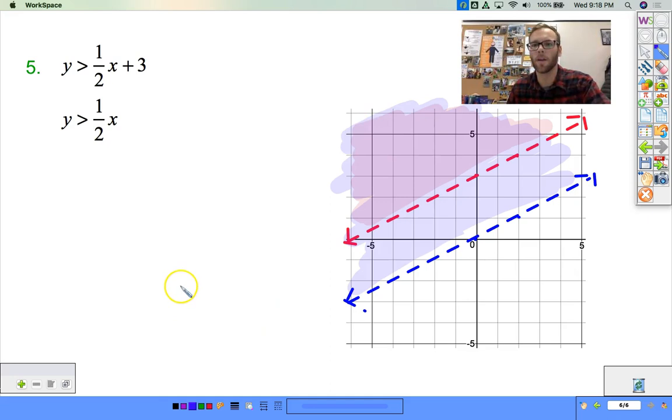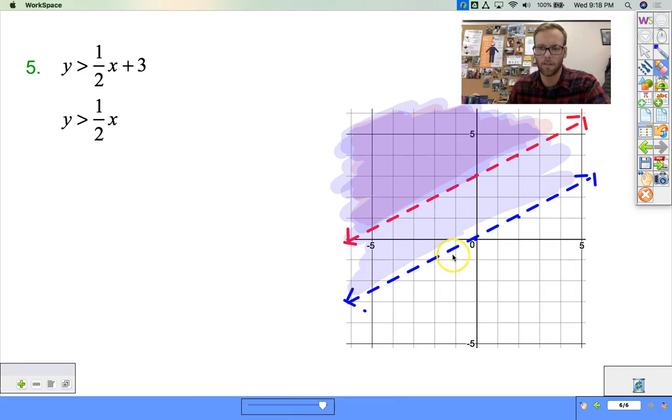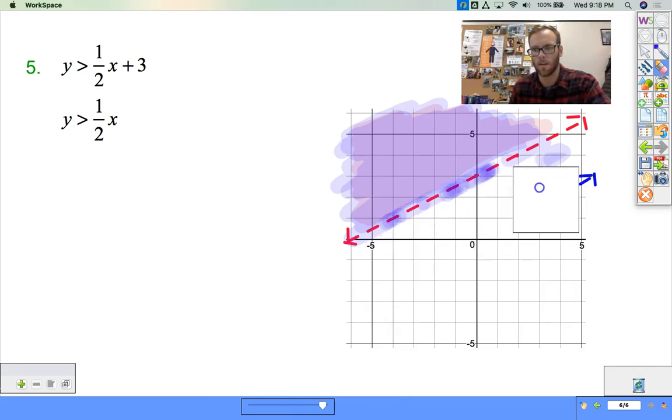That one colored up really nicely. Where's our solution area here? It's just everything above this red line, isn't it? We got to get rid of everything in here. Just all of this above that line. So if I wanted, I could erase this and try to clean that up.